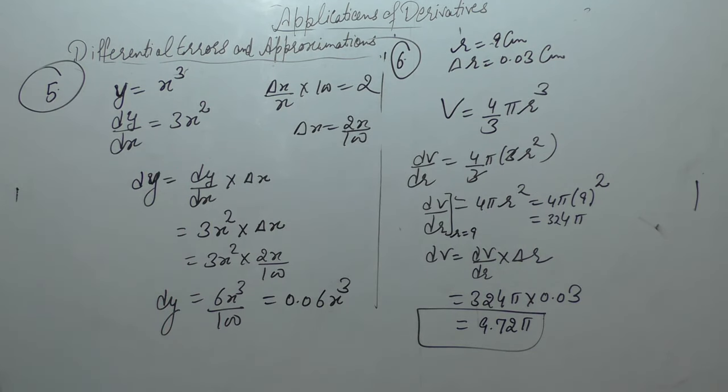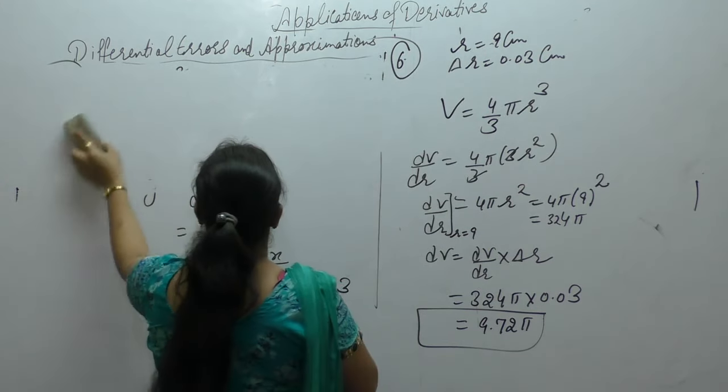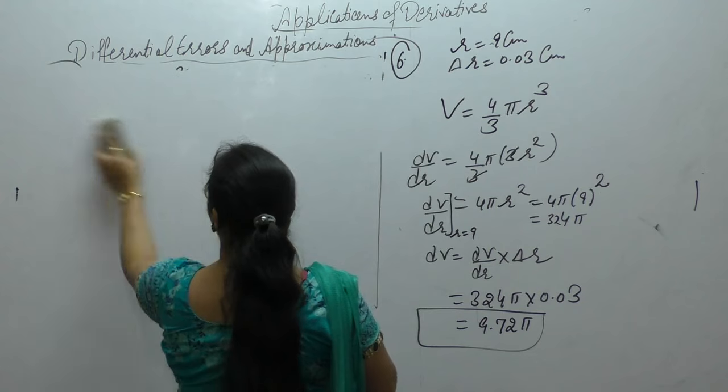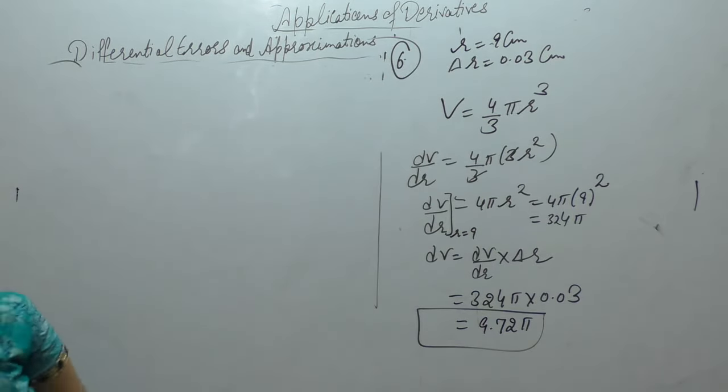Therefore, the approximate error in calculating the volume is 9.72 pi centimeter cube.